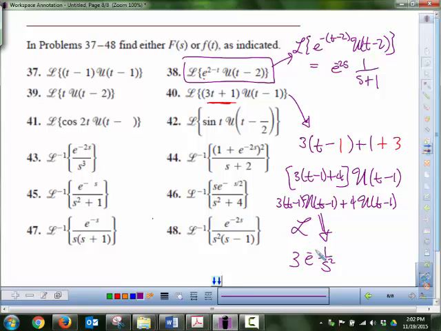E to the negative s. The shift is 1. It's negative as, so negative 1s, so negative s. E to the negative s is your shift. And then you have a 4. And then what's the transform of 1? That's 1 over s.